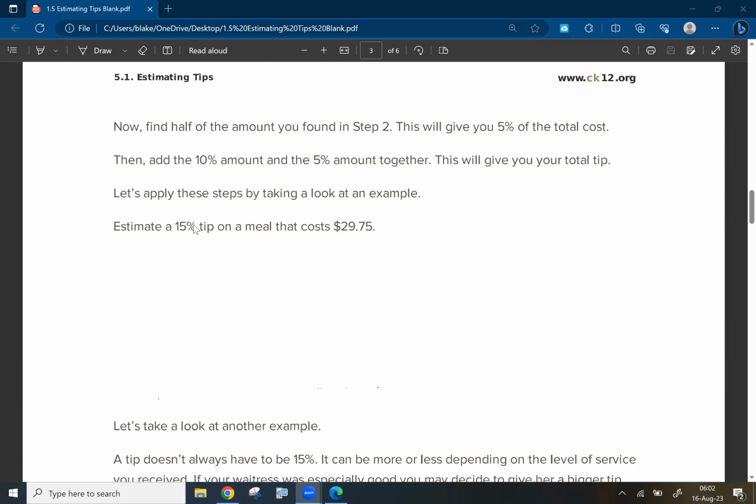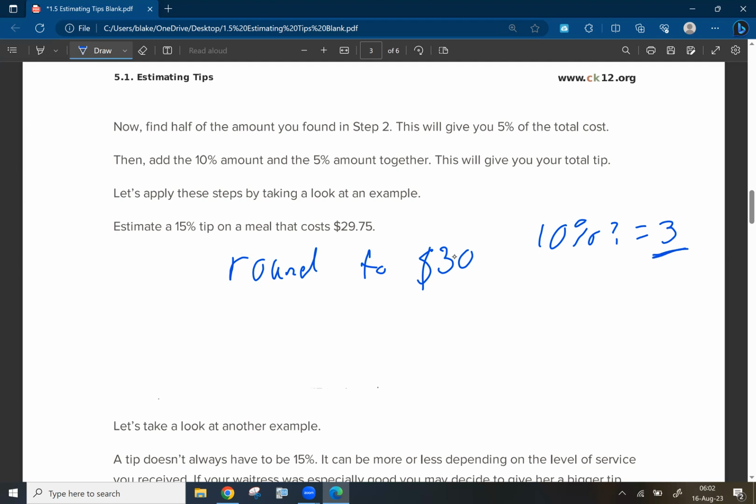So we're going to estimate a 15% tip on a meal that costs $29.75. Now, the first thing that I would say, of course, is let's round this number. Round to $30, right? $29.75, $30, close enough. So mentally calibrate yourself to $30. Now let's think about 10%. 10% of $30 is going to equal $3, because remember, you just moved the decimal place once to the left.